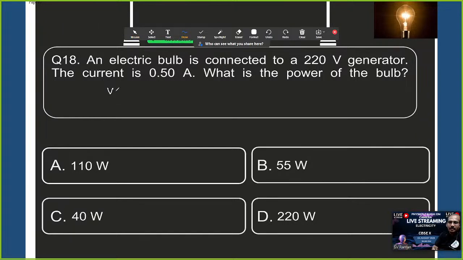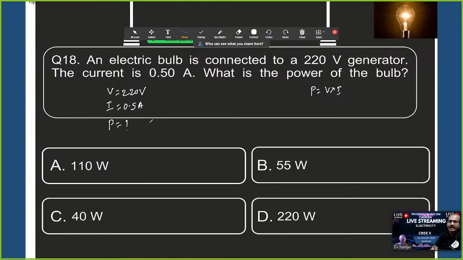V is equal to, they have given 220 volts generator. Current I is equal to 0.5 amperes. So what is power they are asking? While derivation of H is equal to I square RT, somewhere we got that equation P is equal to V into I. Hope you remember this.